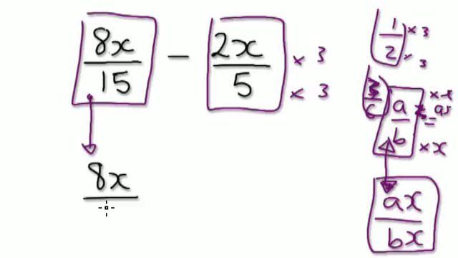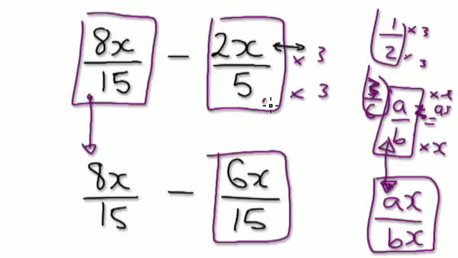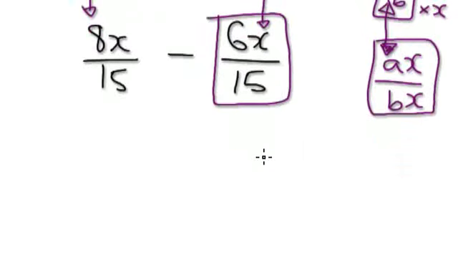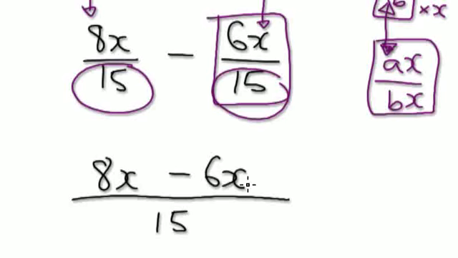Well, anyway, this one is going to stay the same, so this over 15, and then here times top and bottom by 3, remember. So it will be 6x over 15. Okay, so this fraction is the same as the original, just written differently. Now the two denominators are the same, so we can merge. This becomes over 15, and this becomes 8x minus 6x.